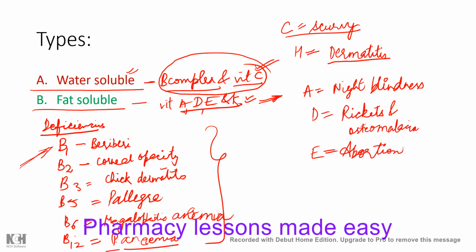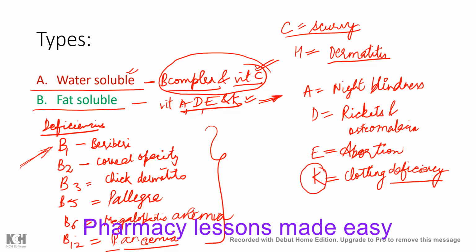Okay, the next one is vitamin K, which we know is very important for the clotting of blood, because many clotting factors are actually related to vitamin K. If vitamin K is deficient, then it may cause clotting deficiency. Okay, so your blood will not get clotted easily.